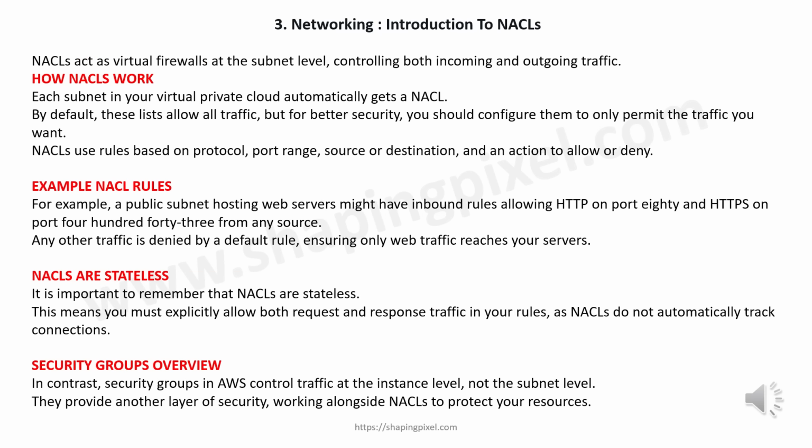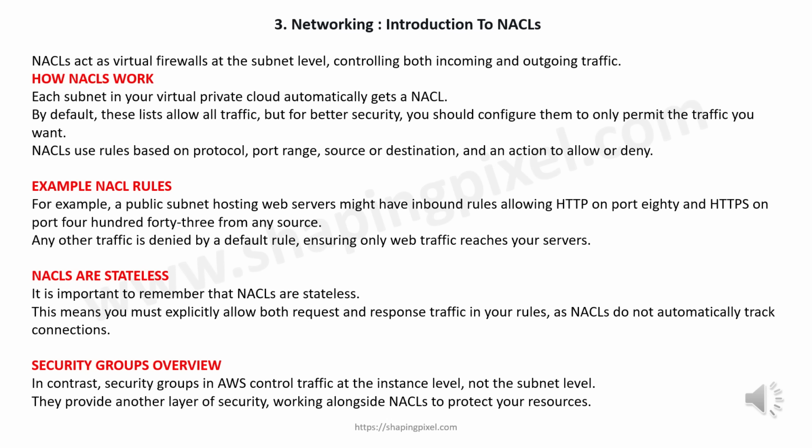Security is crucial in Amazon Web Services, or AWS, especially when managing your virtual private cloud. One key component is the Network Access Control List, or NACL. NACLs act as virtual firewalls at the subnet level, controlling both incoming and outgoing traffic.